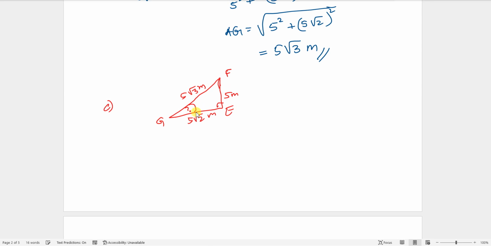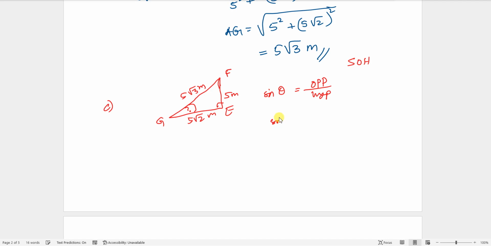Now, how do we find it? We have a lot of ways to find this angle. You can use any of the formula, sine, cos, or tan, since all the sides are available. So let's take sine. I'm using theta now so that you don't get confused. Sine theta is equals to, what's the formula of sine? SOH. So opposite by hypotenuse.